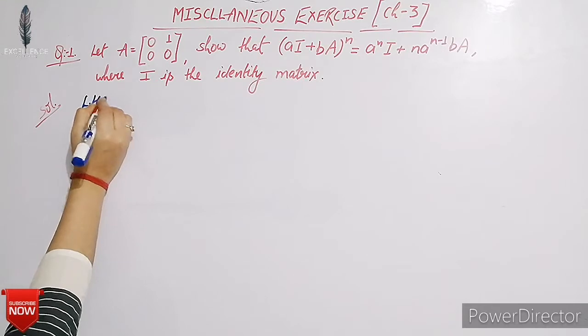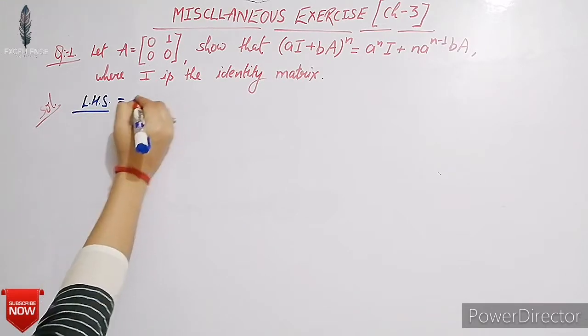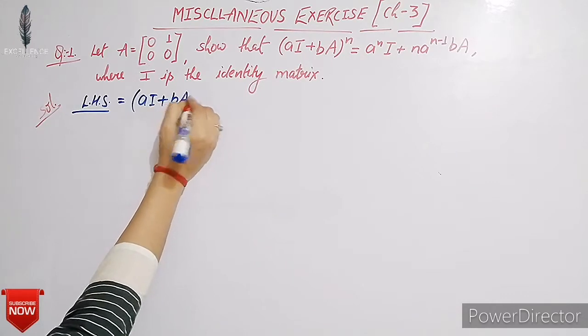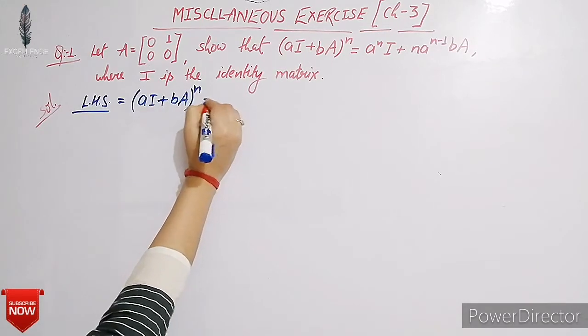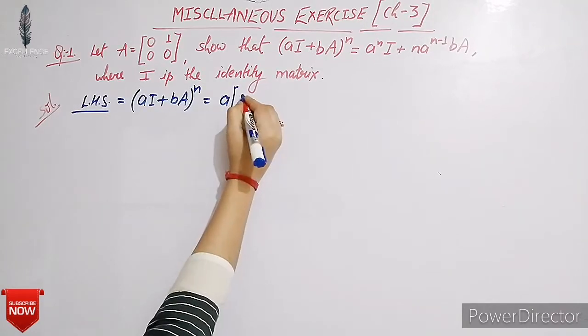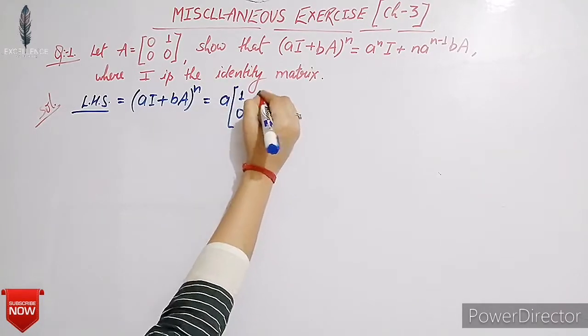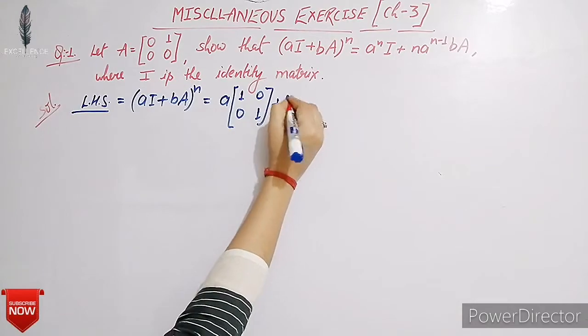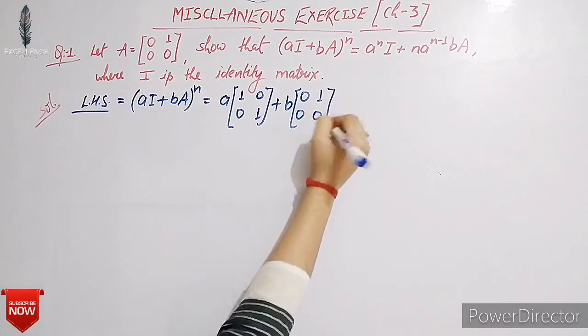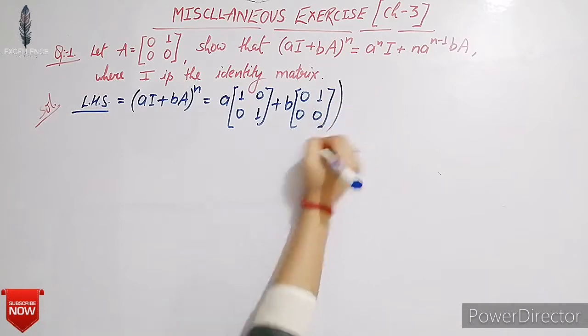Here LHS equals (aI + bA)^n, which equals a times I, the identity matrix of order 2, that is [1 0; 0 1], plus b, and put the value of A, and whole power n.